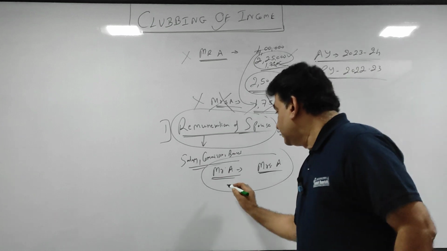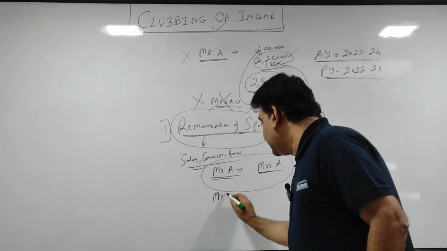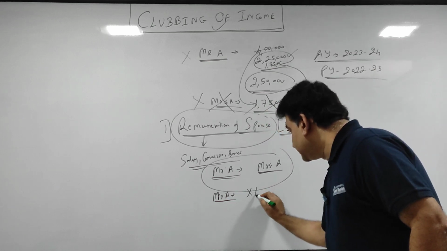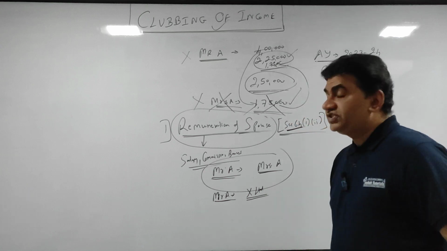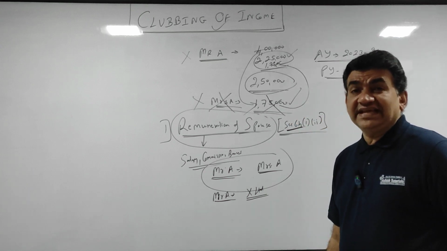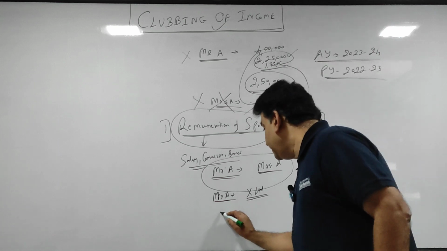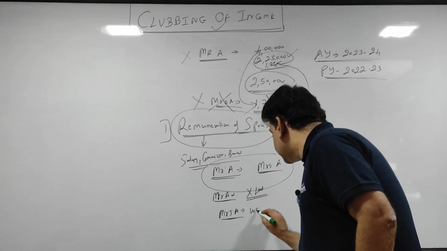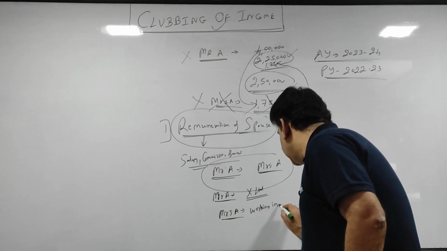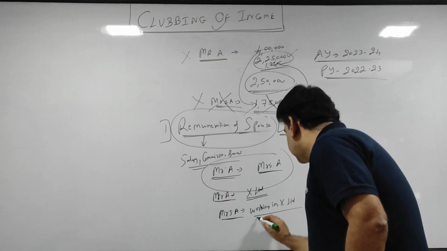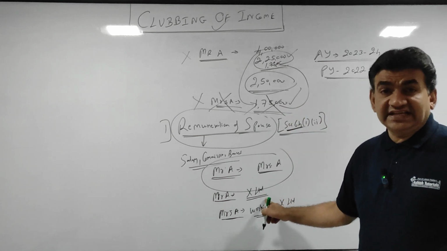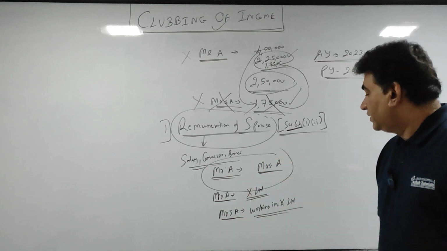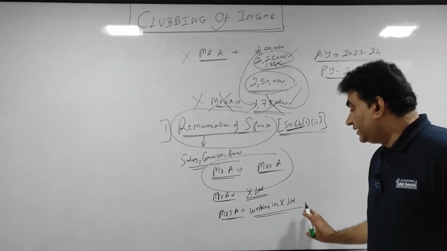Let's say Mr. A is having shares in X Limited, and Mrs. A is working in X Limited. Why shares? That is substantial interest. I am coming in the flow. Mr. A is having shares in X Limited and Mrs. A is working in X Limited. Now listen.